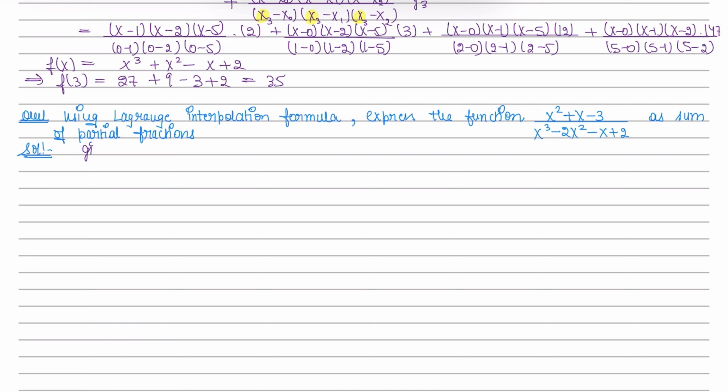The given function can be rewritten in the form of x cube plus x minus 3 whole divided by x minus 1, x minus 2 and x plus 1.